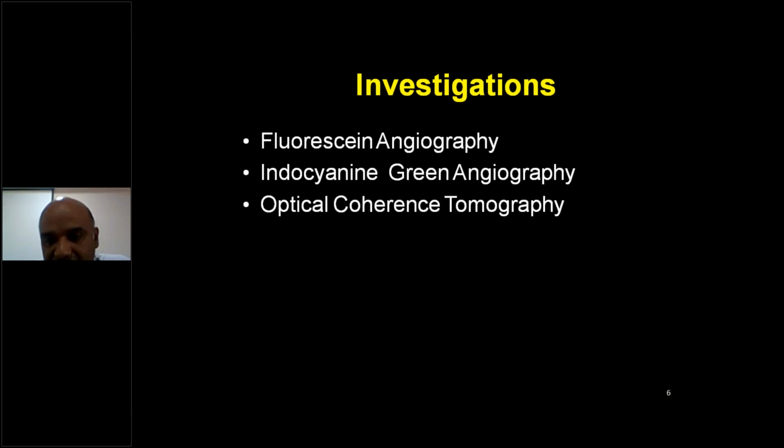In the fundus, if you see drusen and the size of the drusen does not correspond to the amount of visual loss, then you have to perform some investigations. So what are those investigations? One, fluorescein angiography. Second, indocyanine green angiography, and OCT or optical coherence tomography.